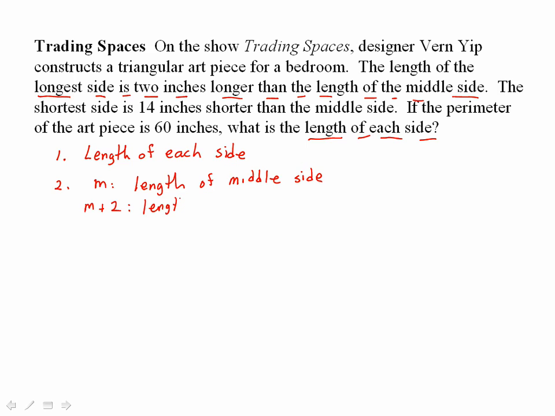So M plus 2 is the length of the longest side. In addition, we know the shortest side is 14 inches shorter than the middle side. So if we take the middle side and subtract 14, we get the length of the shortest side.